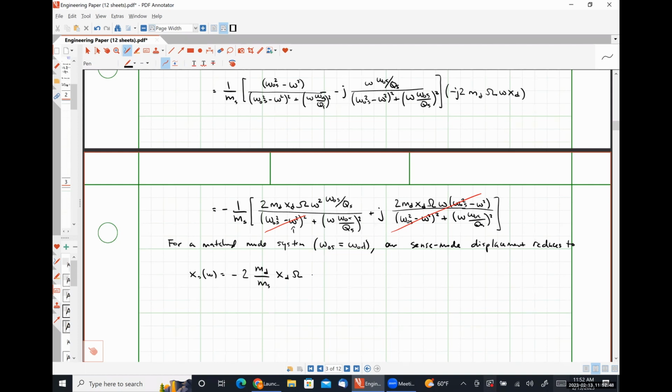Don't write this down, Stephen, because you're just going to have to erase it in a moment. I'm just giving you a fair warning. What I've written to this point is good to go, but we're working our way through the algebra. So we're going to have omega naught S to the 4th power over QS squared when we are operating at omega equal to omega naught S, which is equal to omega naught D.